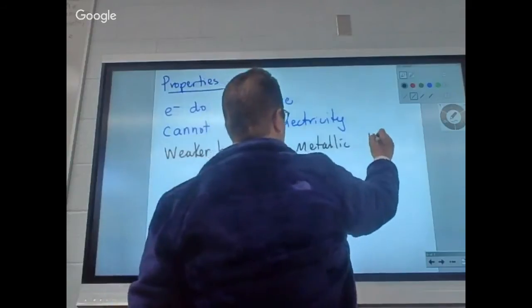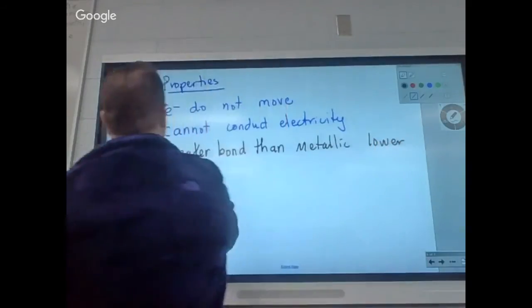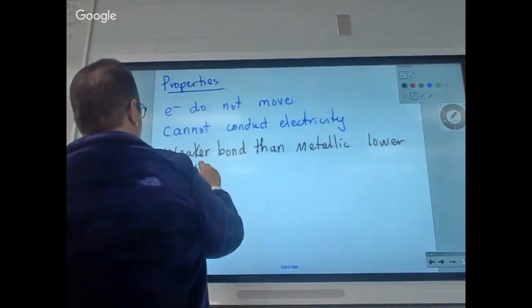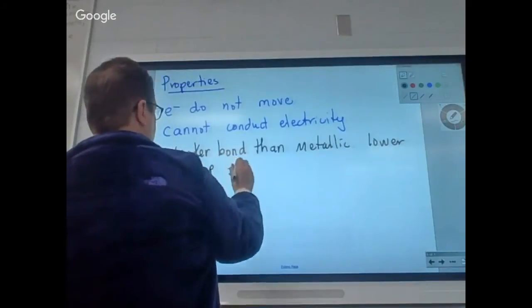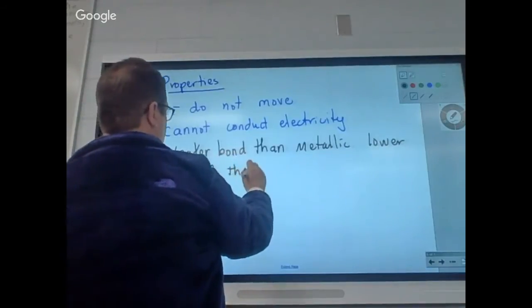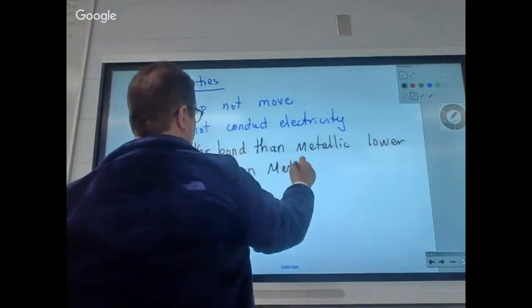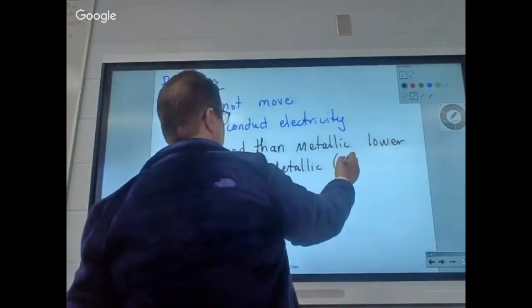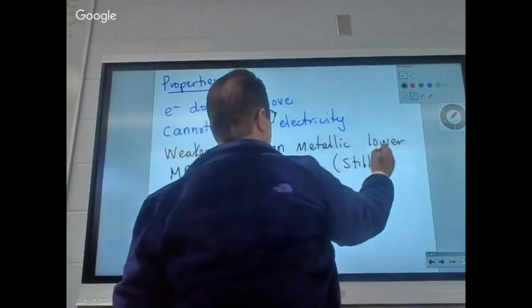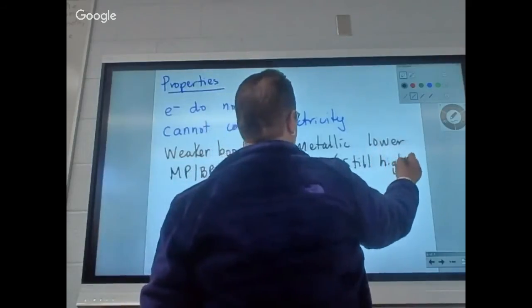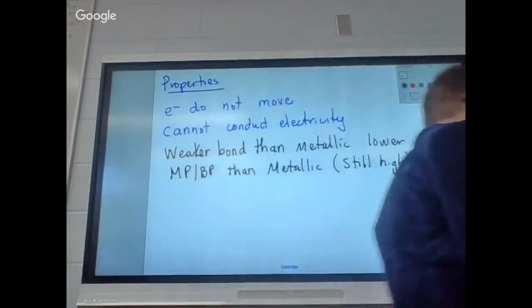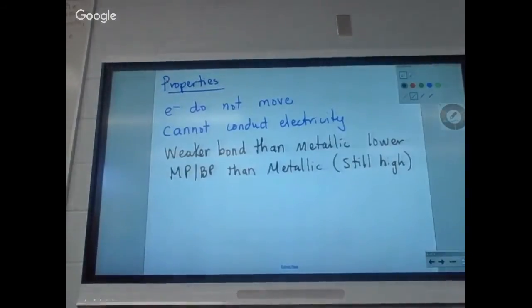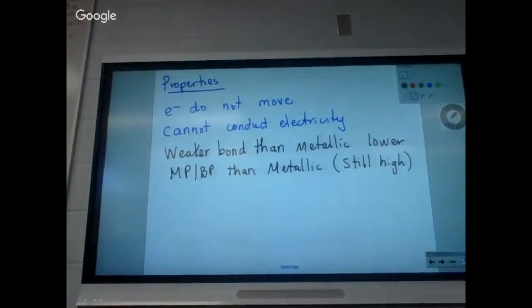So they have a lower melting point and boiling point than metallic. I will tell you it is still high though. It's just not as high as metallic. All right. What else? What were some other properties we had?